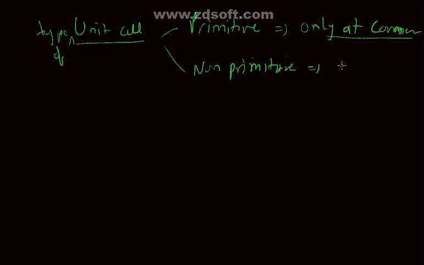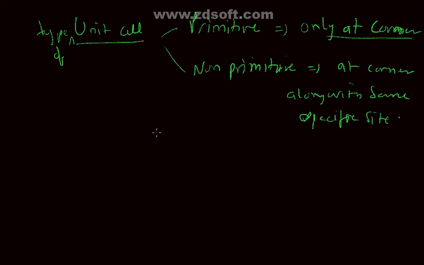Whereas in non-primitive, atoms, ions or molecules are present at the corner along with some specific sites. We'll first discuss primitive unit cell. Suppose this is a cube.